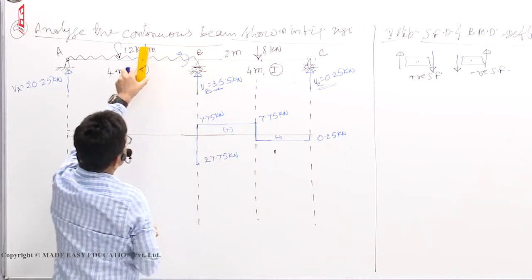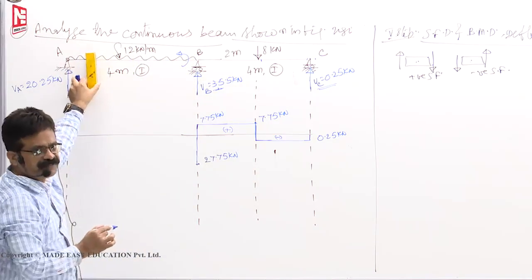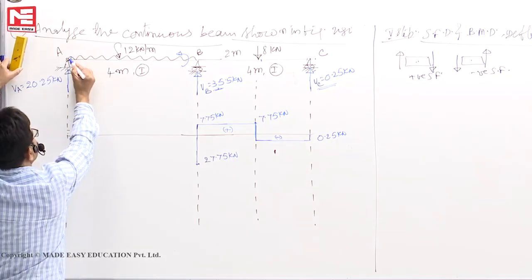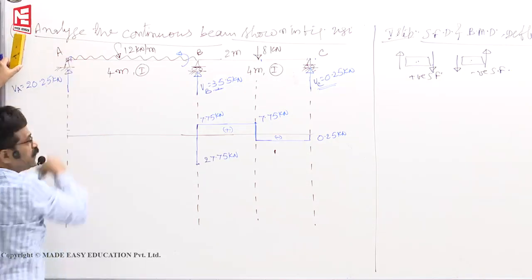When there is a UDL, you have to travel till the end of the UDL and stop here only. When you move to the right side, to the left side of A, we will fall down.